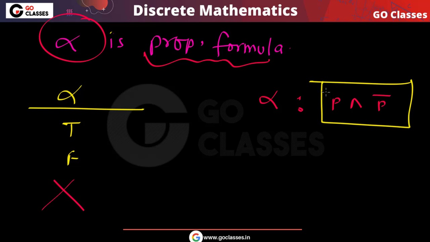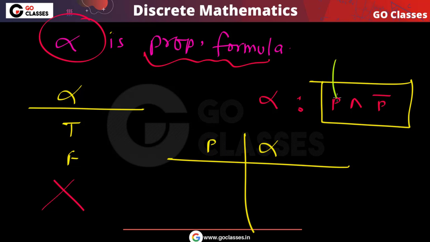Okay, so you can notice this p is a propositional variable and this alpha is a propositional formula. Now you can very easily see that the truth value of alpha will depend on the truth value of p. This p is an atomic proposition, so by itself it is either true or false.